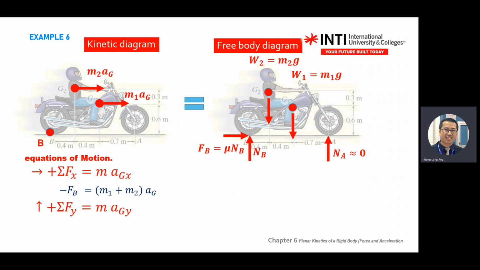Of course, you can break them, for example into M1AG plus M2AG, but you still have the same AG, so you factor them into one. Make sense? Okay. So Y negative FB?